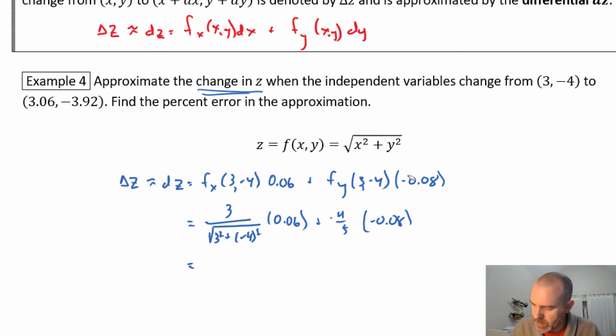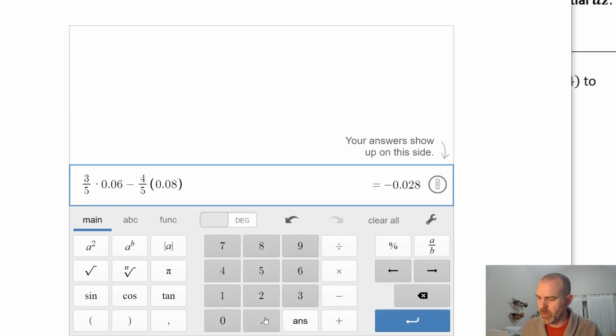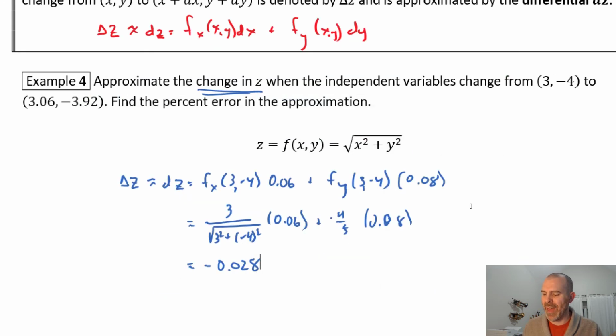So we can just erase here. Oh, it looks like my pen is a little bit off. That's why I'm feeling weird. Okay, and then we ended up with -0.028. We get -28 thousandths. So that's the approximate change in the function.